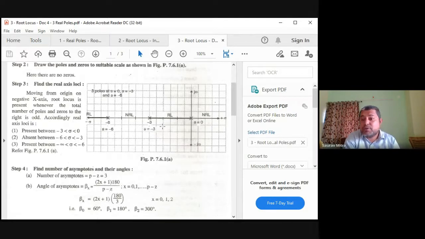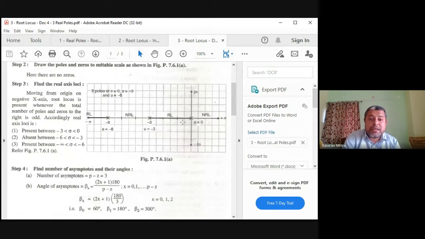These two are not absolutely stable, because they will first come here, get joined at certain point, -1.27, we have found out there. Then for incremental value of k, they will be moving in upward direction. And exactly at j is equal to 4.24, exactly at k is equal to 162, they will cross the j omega axis and enter to the right hand side of S plane. So they will become unstable for k greater than 162.